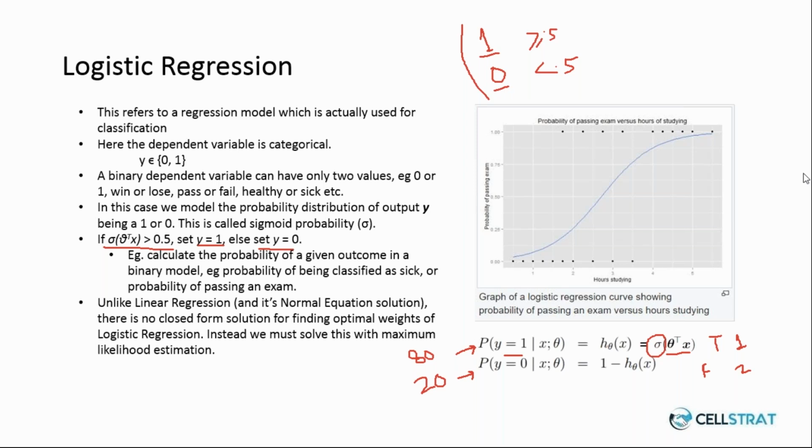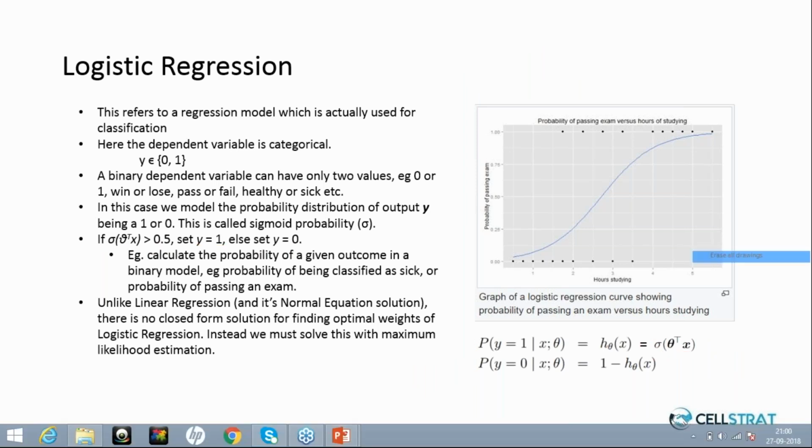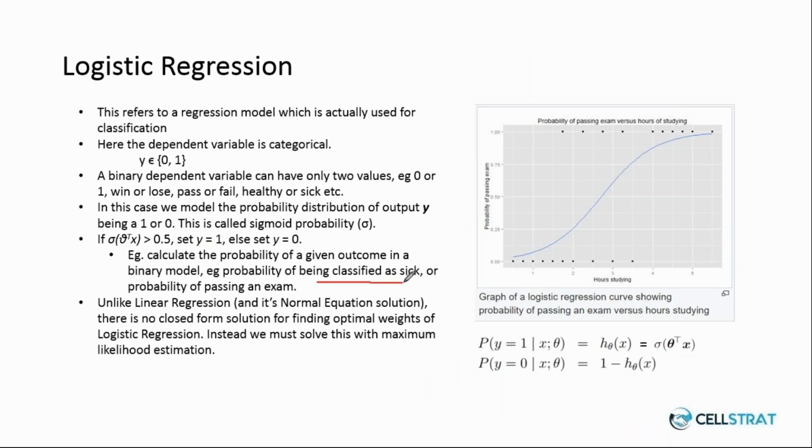So you have to just extrapolate that in your mind, and we can do 3 class, 4 class, or 5 class, or however many classes classification. For example, we may have the probability of being classified as sick, whether the person is sick or not, or the probability of passing an exam, whether the child will pass an exam or not, right? So these are some examples.